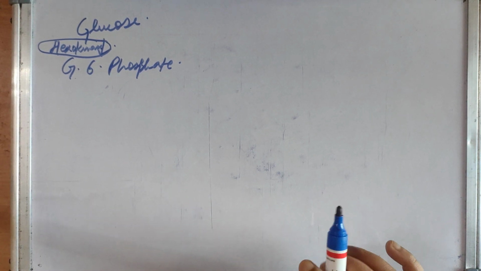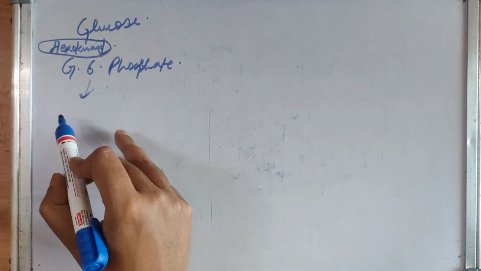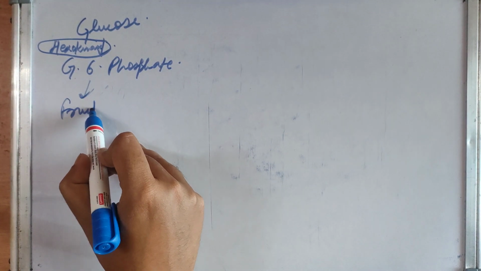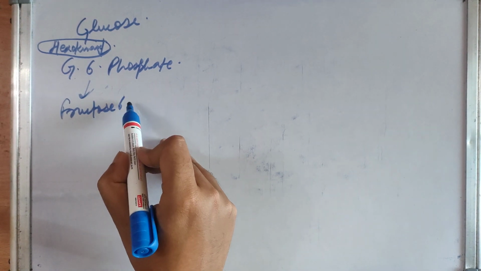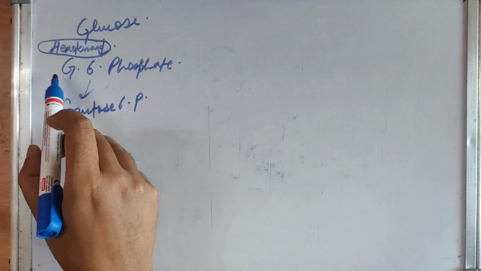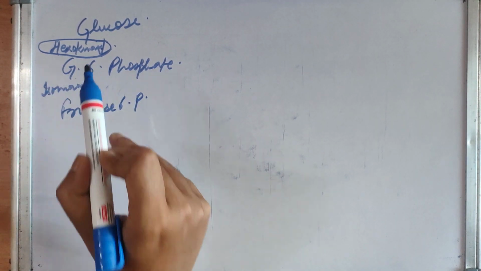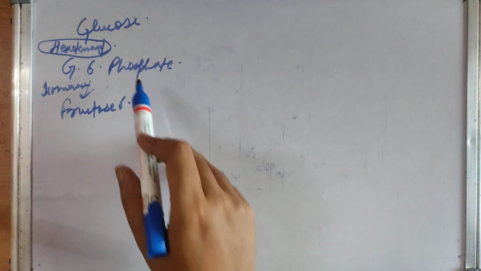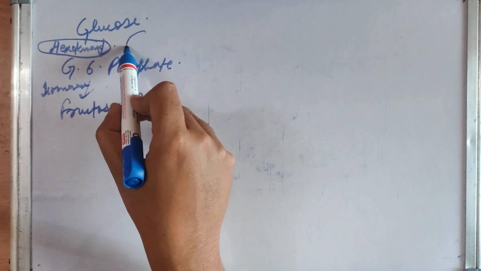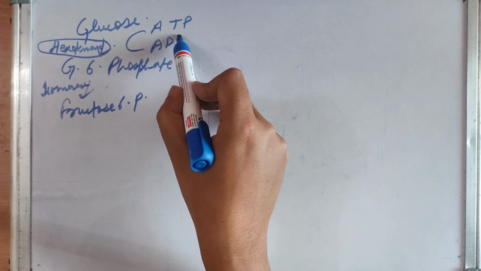It is very important. And then this glucose 6-phosphate is converted into fructose 6-phosphate, and this happens in presence of isomerase. And here you must know that 1 ATP is converted into ADP.